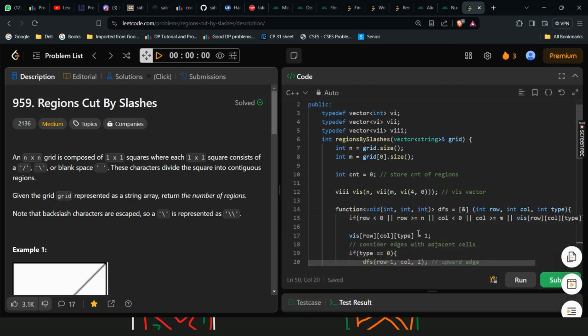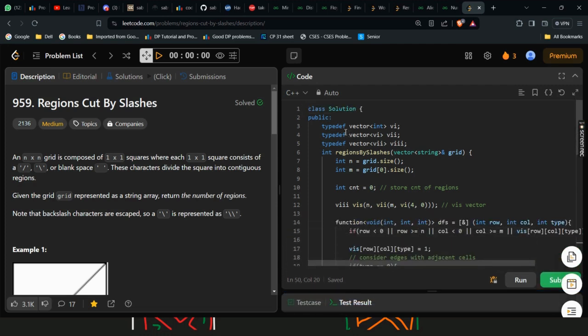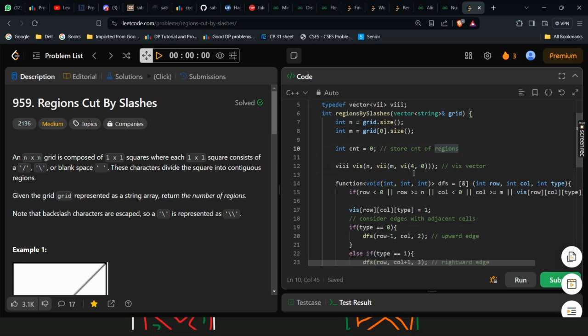I have already coded this up. So first of all, these are just macros. I have stored the number of rows in n and the number of columns in m. In count, I will store the number of connected components, or you can say the number of regions.